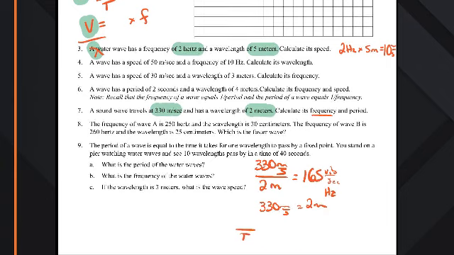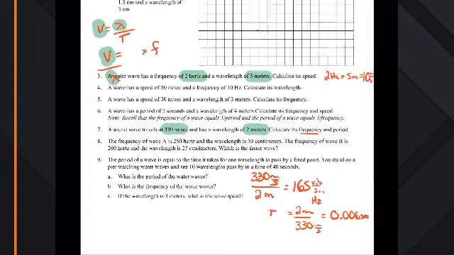So I'm going to move this guy over, I'll move this guy under. Okay, right like that. So 2 divided by 330, I'm not going to try to do that in my head. 2 divided by 330, we have our period, the amount of time is going to be 0.006 seconds for one vibration to occur.